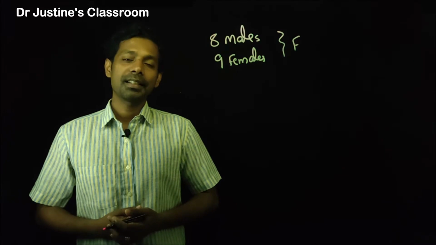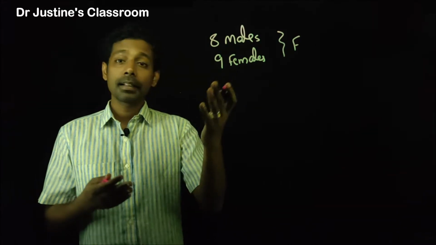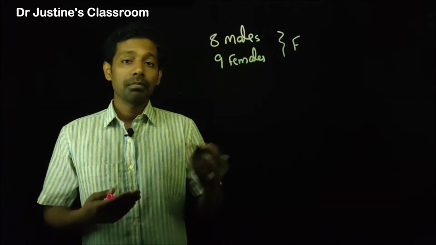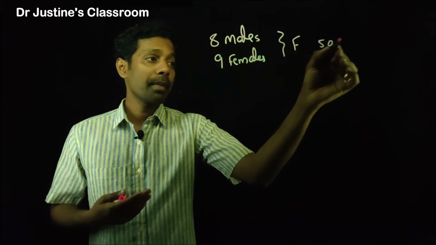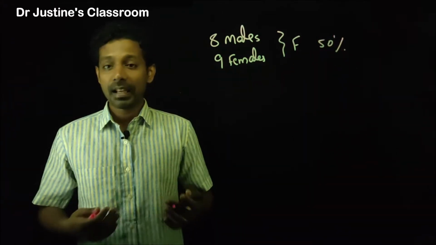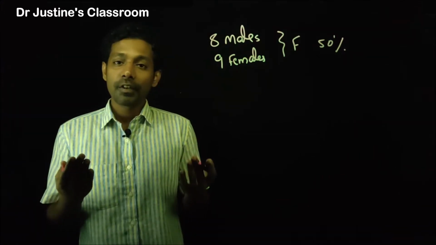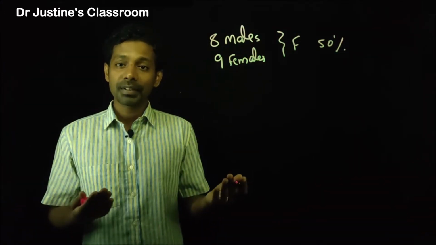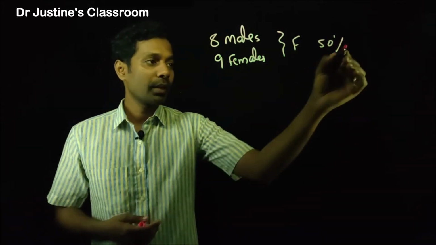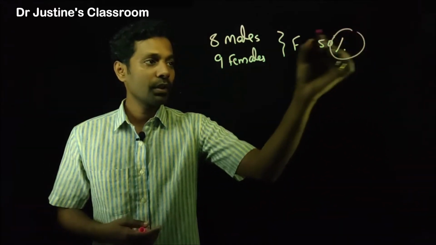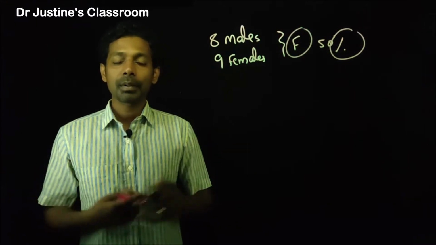I just described my sample, or I can present it in a percentage way. Let us say around 50% of my sample are male. That's another way in which I can present my sample. I'm presenting it with a frequency distribution and percentage scores. So frequency distribution or percentage score, these two are simple descriptive statistics.